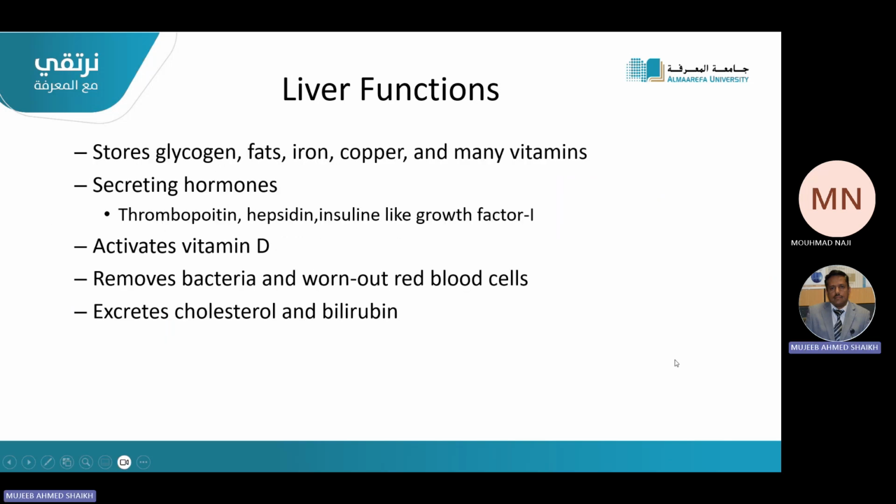It has also got functions related to storage. What will it store? It will store glycogen, the excess of glucose. If any person takes in food, it will be converted into glycogen and stored in the liver. It can store fat.